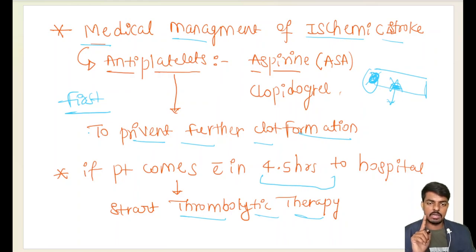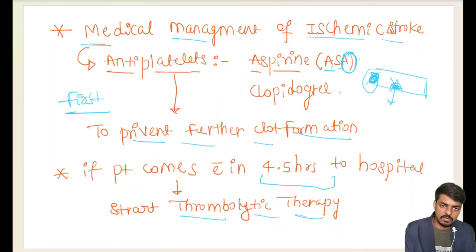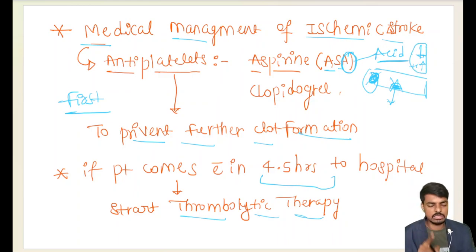The chemical name of aspirin is acetylsalicylic acid, so we are giving an acid. The pH decreases and H+ ions increase, so there is a high chance of metabolic acidosis. We will monitor the ABG values when the patient is on the highest dose of aspirin to assess for metabolic acidosis.